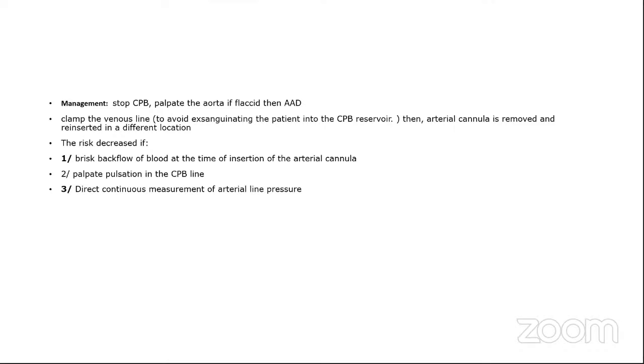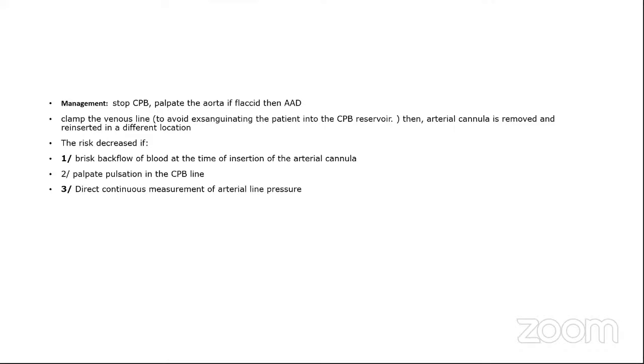We have to clamp the venous line just to avoid withdrawing the blood from the patient to the pump, to avoid exsanguinating the patient into the cardiopulmonary bypass reservoir. Then the arterial line can be removed and reinserted in a different location. Then you have to repair that dissection if you can.